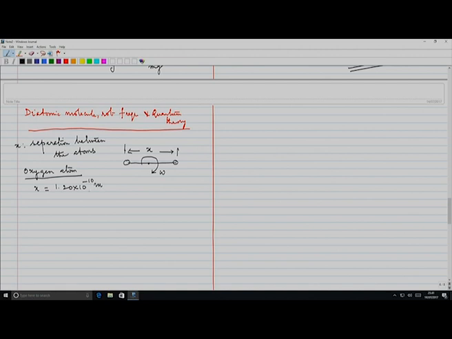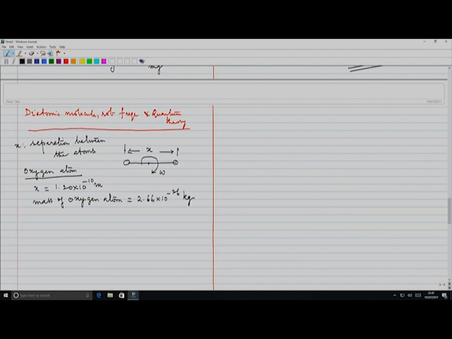All this data will be provided to you. The mass of the oxygen atom is 2.66 into 10 to the power of minus 26 kilograms.